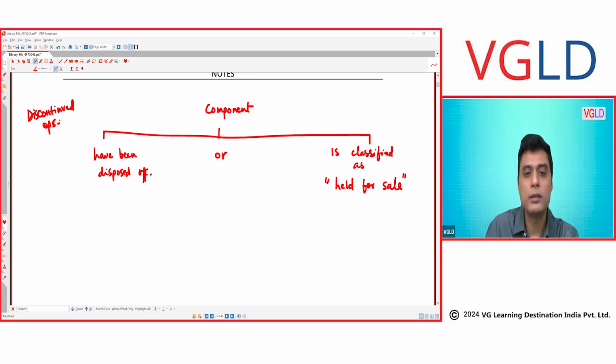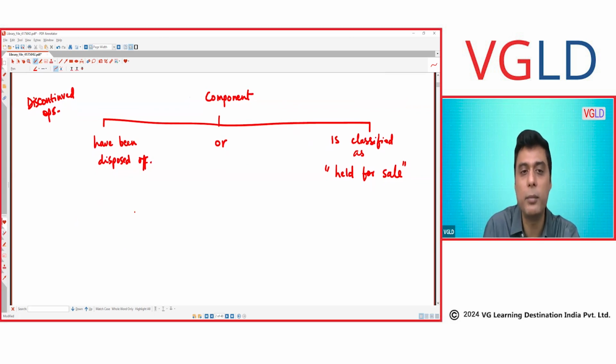Now, what does that mean? Suppose, let's take an Indian example so we'll be able to relate better. Suppose Maruti had 800, okay? It is no longer there, but it had 800, Alto, WagonR, A-Star, then maybe Desire, Swift, then Brezza.